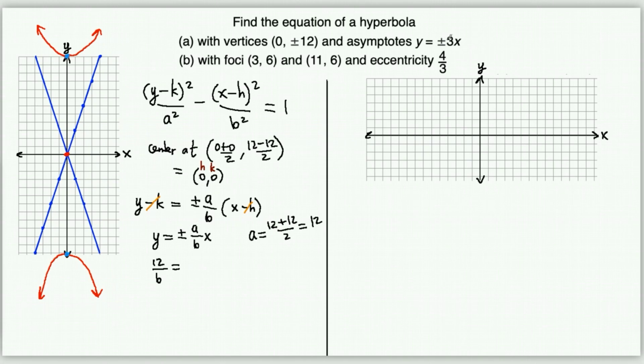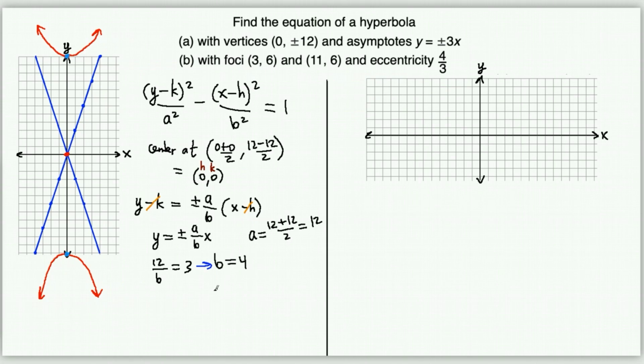So we don't have to write it down. So 12 over b, we're just matching a over b with the 3 there, right? So 12 over b is equal to 3. So what does that tell you? If 12 over b is equal to 3, you can solve for b, multiply both sides by b, okay? And then just divide by 3, and then b will be equal to 4, right? So solve this for b, b should be equal to 4.